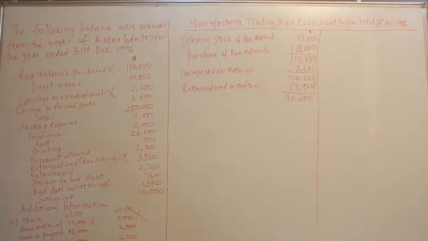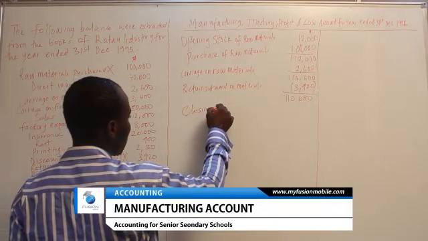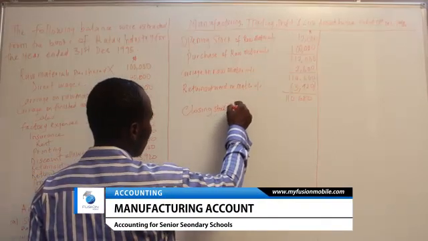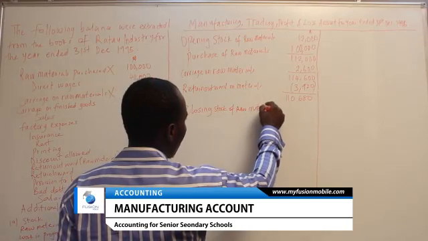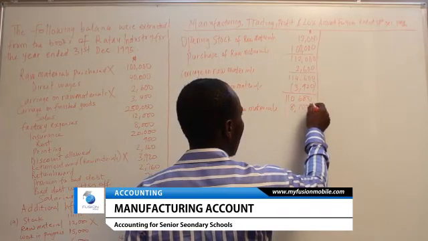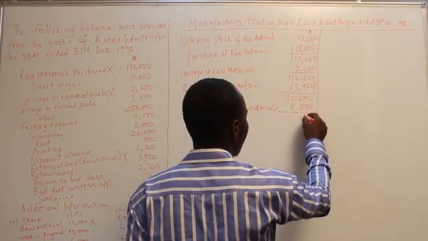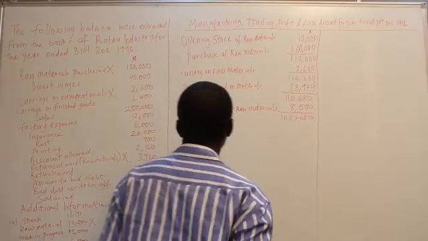Now the next thing is to less the closing stock of raw materials. We have the closing stock of raw materials to be 8,000 naira. So we have 8,000 naira, which gives 102,680.